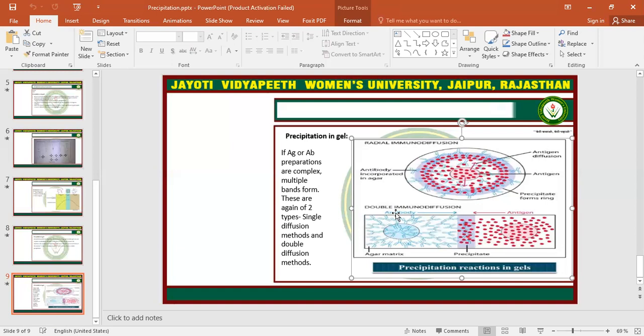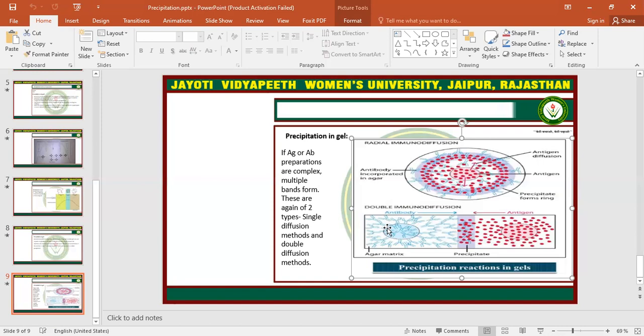Similarly, the double immunodiffusion can also be performed. In the double immunodiffusion, we have a gel system. In this gel system, we separate the antigen and antibody zones.